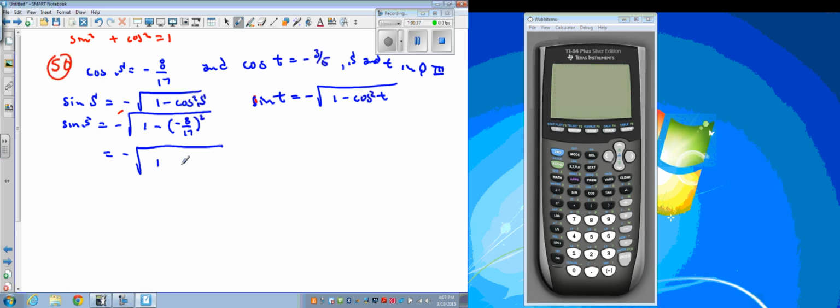It's 1 minus, and if I square 8, it's 64, right? Negative 8 squared is 64. But I have to have 17 squared up here, right? I'm going to have to go 17 squared over 17 squared.